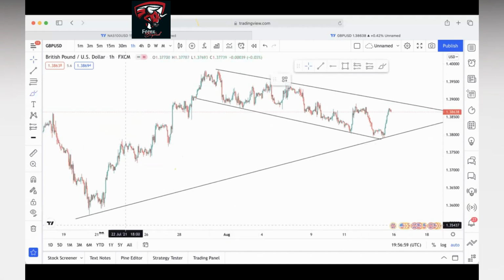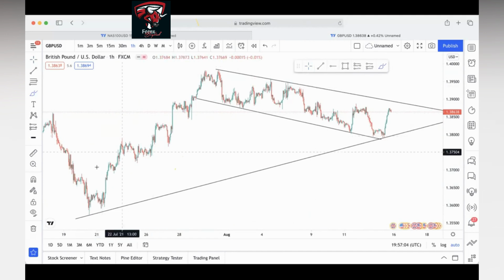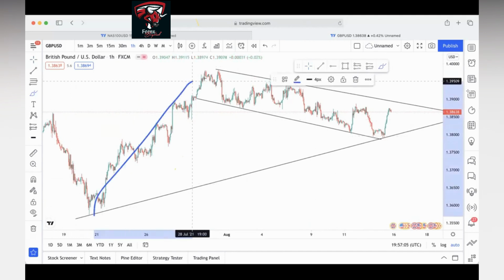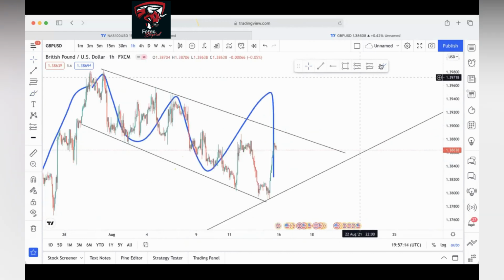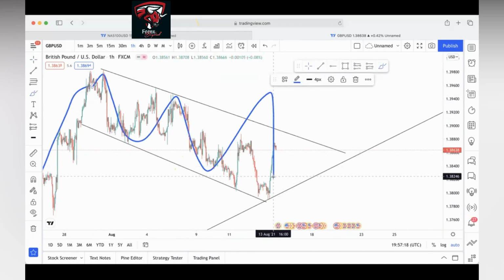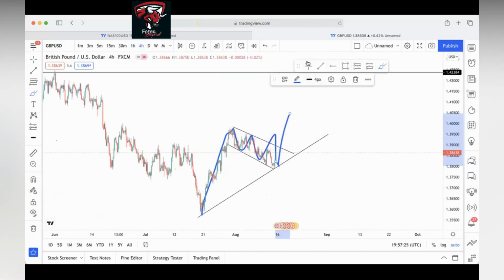You can see that here's our impulse, and this is currently our correction, waiting on another impulsive move to the upside. So I think GBPUSD is going to buy based off technical analysis.